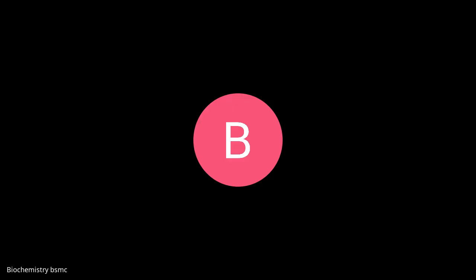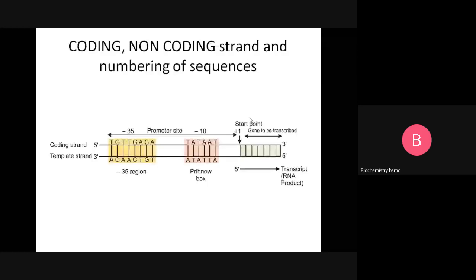in the template strand. Now, important thing is that it is commonly seen that the first +1 sequence in case of prokaryote, in case of transcription, will be a purine. So what are the purines? Adenine and guanine. So the +1 will be either adenine or guanine.